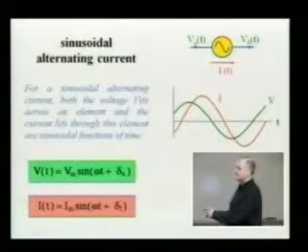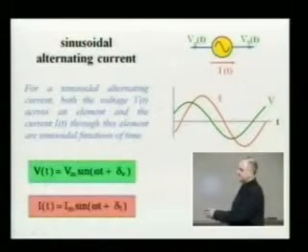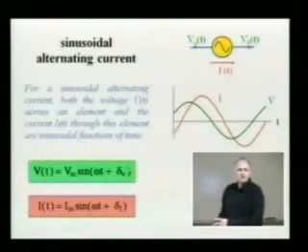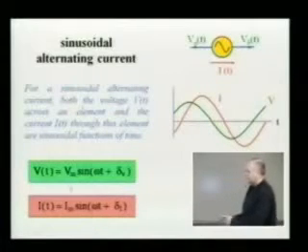The most general form of a sinusoidal function is like that. Here I wrote the function for the potential difference. There is a certain number here, a trigonometric function, a number, a variable representing time, and a number. You cannot make it more general than that.